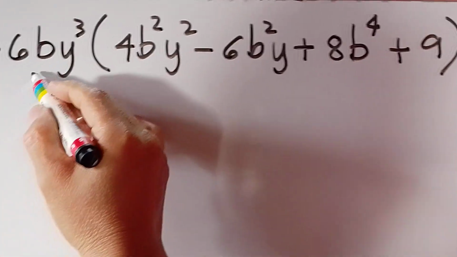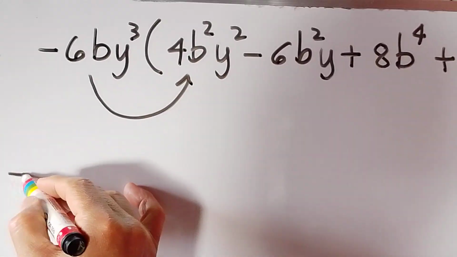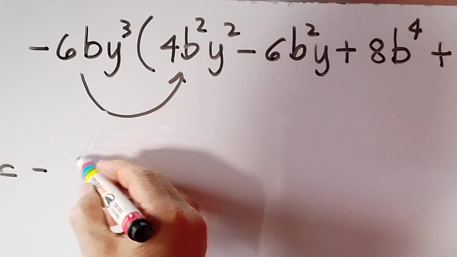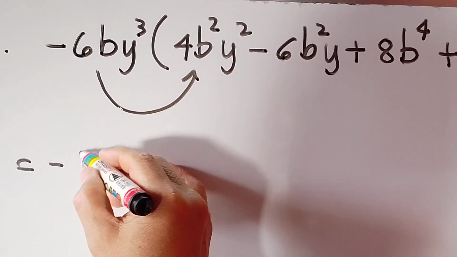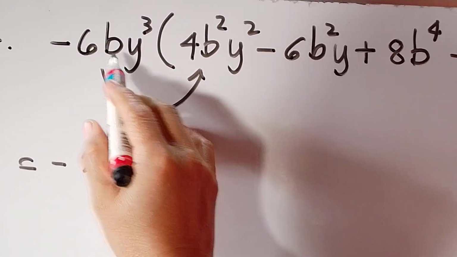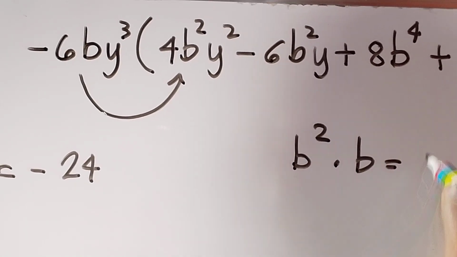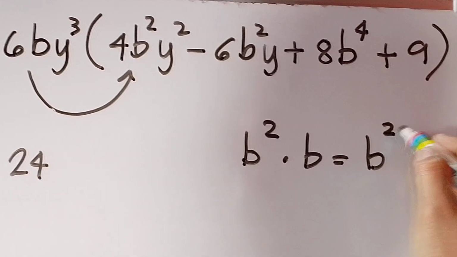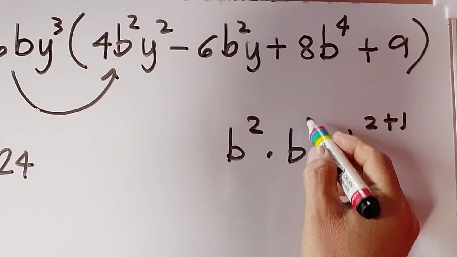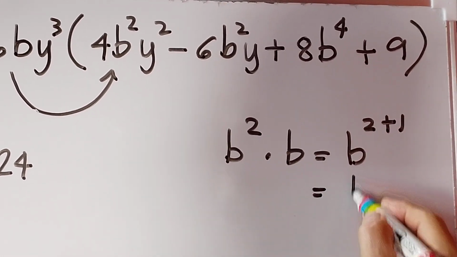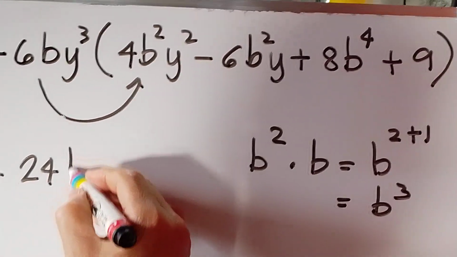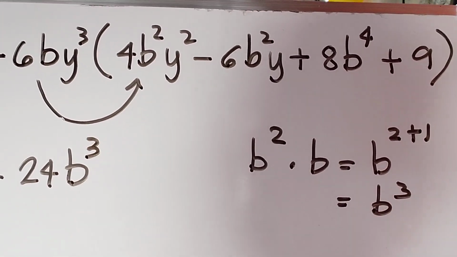The same, we have to distribute this one. Negative times positive is negative. 6 times 4 is 24. b squared times b. So this will be b to the 2 plus 1, because there is an invisible exponent 1 in here. So b to the power of 3.